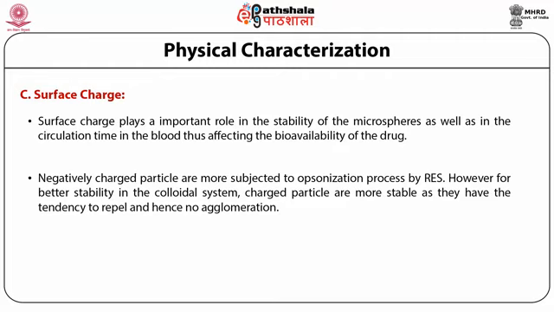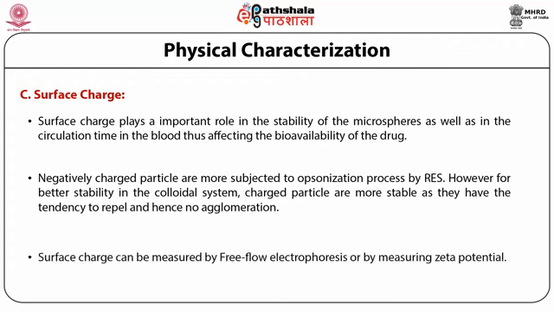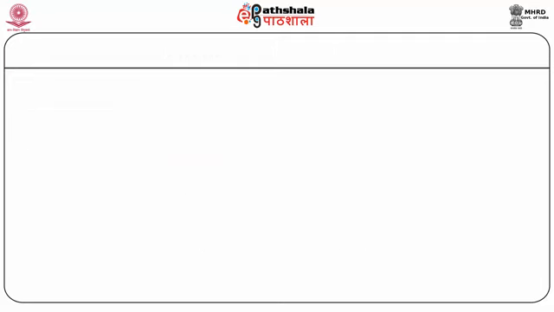However, for better stability in a colloidal system, charged particles are more stable as they tend to repel each other and hence no agglomeration occurs. Surface charge can be measured by free flow electrophoresis or by measuring zeta potential.